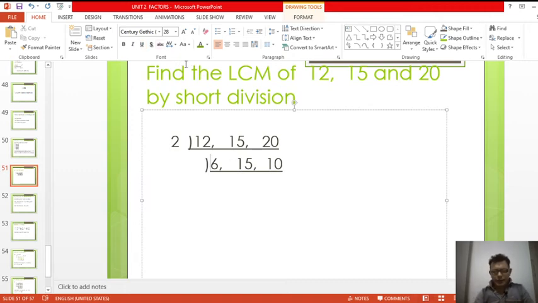Then let's align them. I have to do this because this is a computer and I can't write anything. Hold on. Okay, there you go.